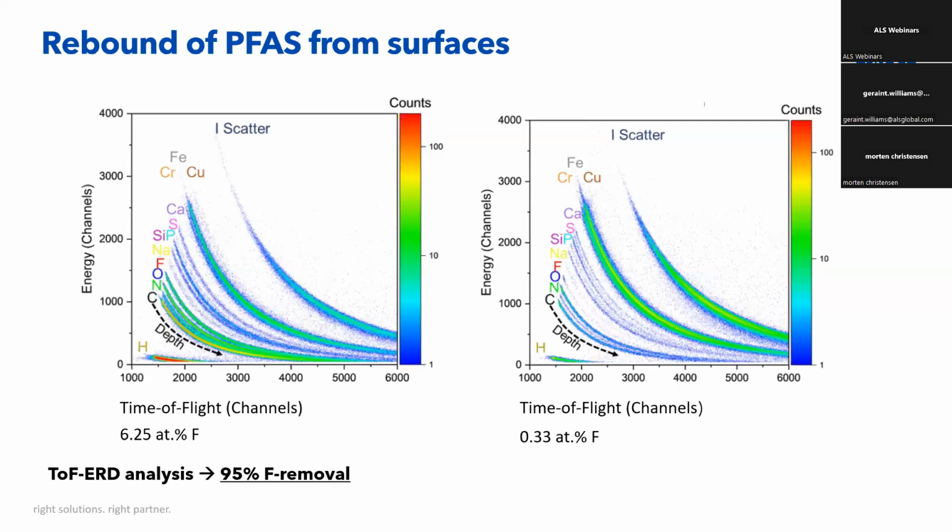And by swabbing the surfaces, we found that we can remove up to 95% of the fluorine. So it was useful from that point of view. I also carried out a conventional analysis, obviously, but it's useful that it gives us that verification that the approach we took was appropriate. If you didn't use that, you might miss this residual PFAS that is present on surfaces.